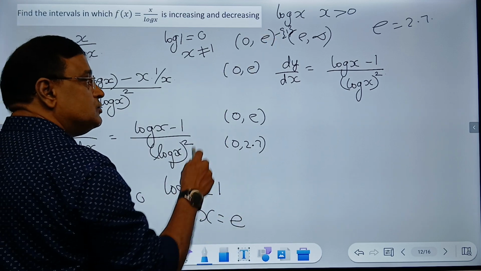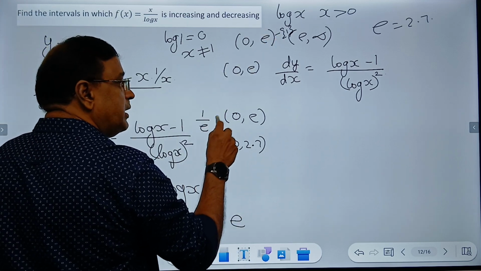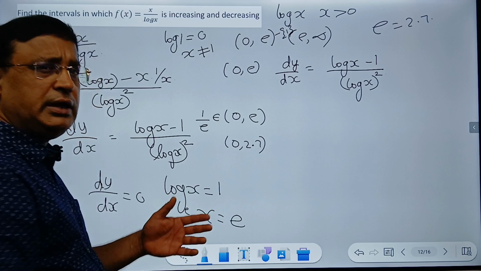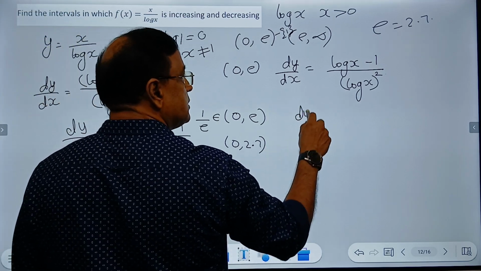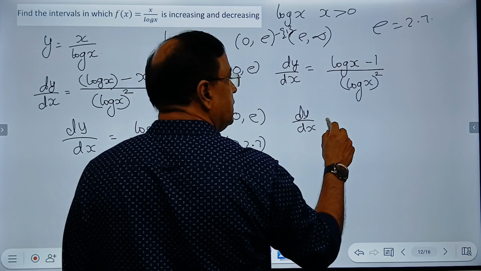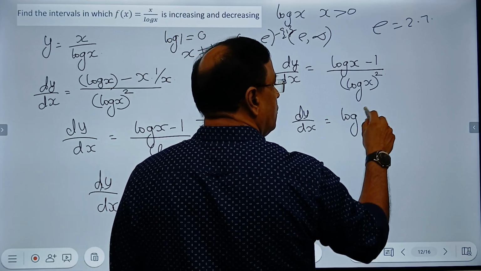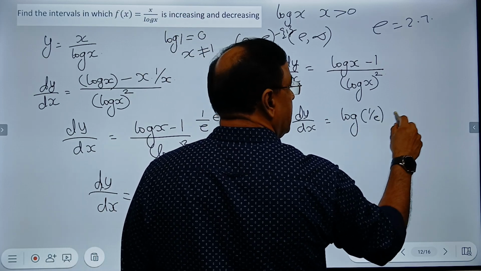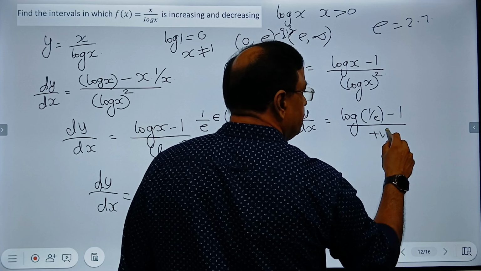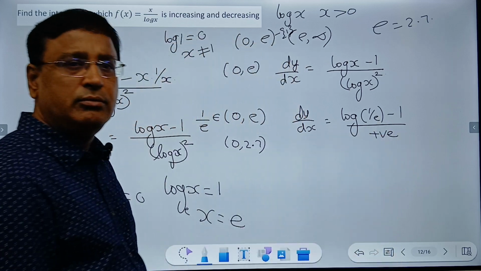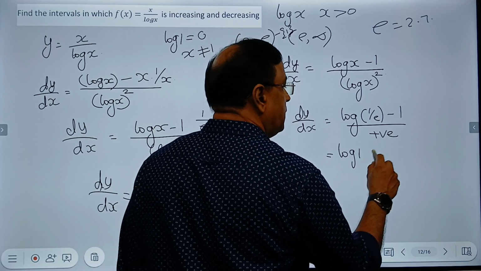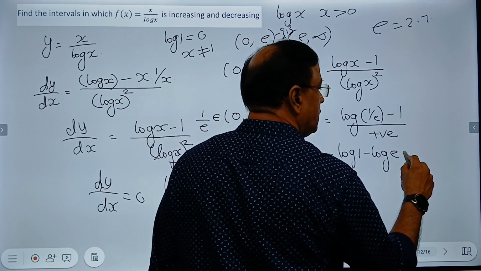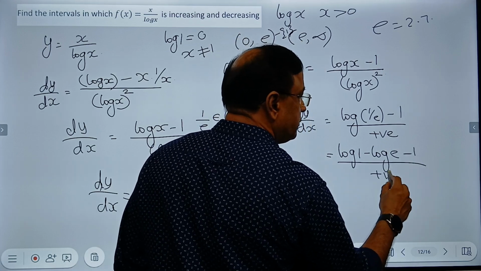Then what number will I choose? Obviously, choose 1 by e. 1 by e will be between 0 and e. So, what happens to dy by dx? Dy by dx will be log of 1 by e minus 1 by positive. Denominator is always positive. So, what is log 1 by e? It's log 1 minus log e by positive.